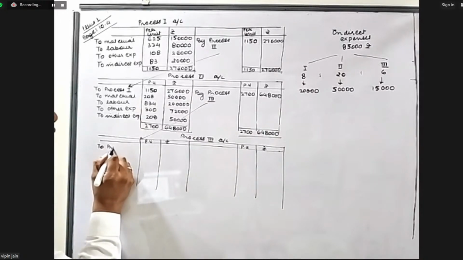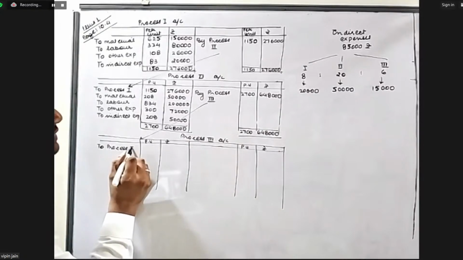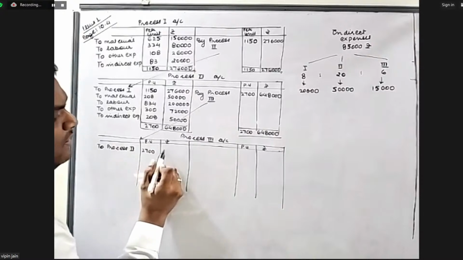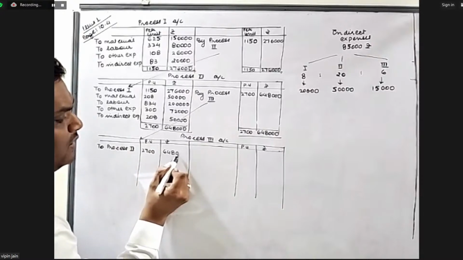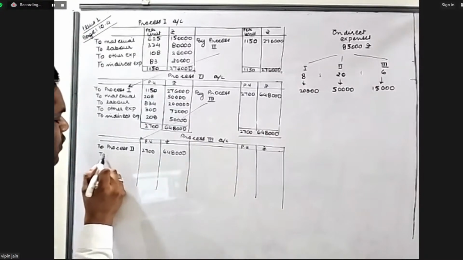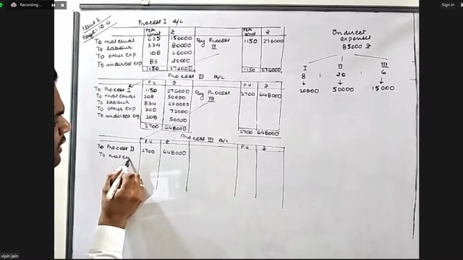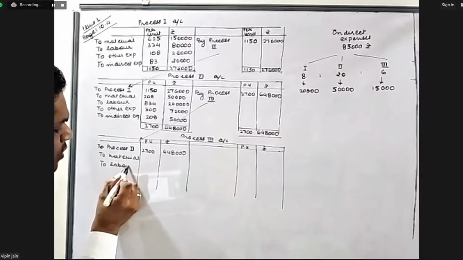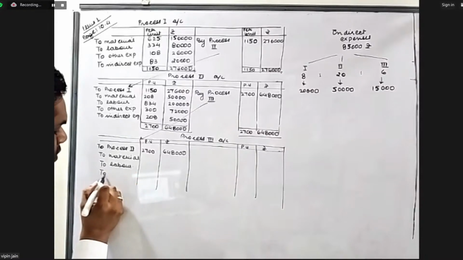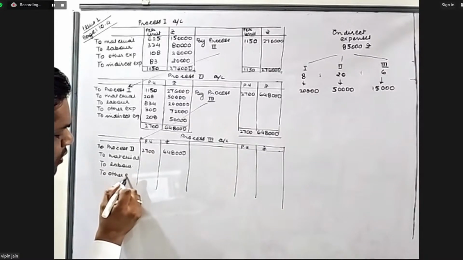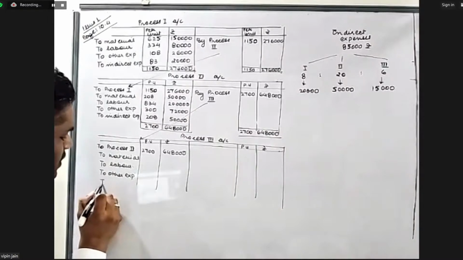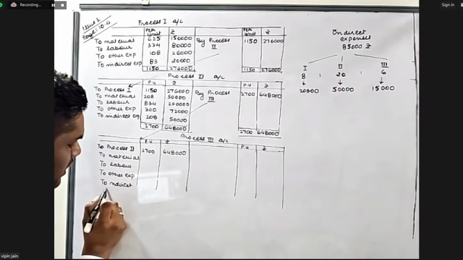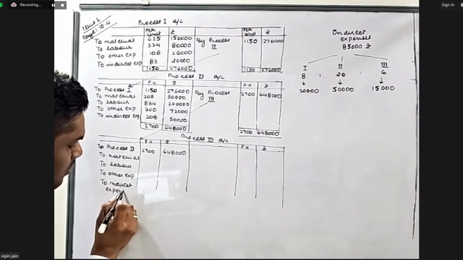That is to process second, 2,700 and 6,48,000. Further, we'll write all the cost. That is material, labor, other expenses, and indirect expenses.